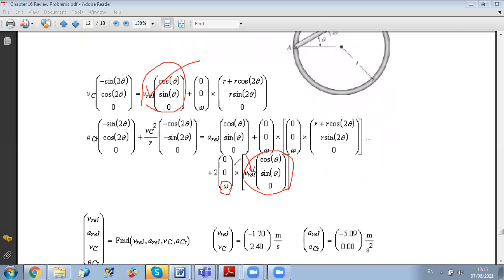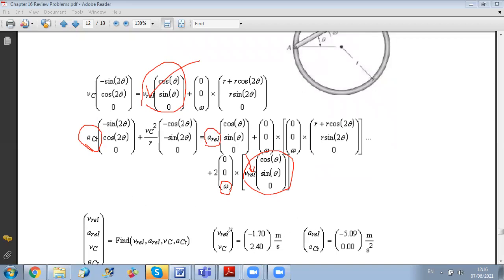So now, when we write the acceleration relation, we end up with just two unknowns. When we do the expansion and compare along i and j, the two unknowns will be AC tangential and A relative. So by solving, you can get your values.